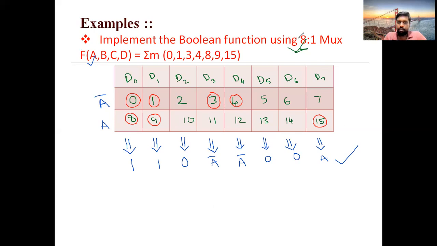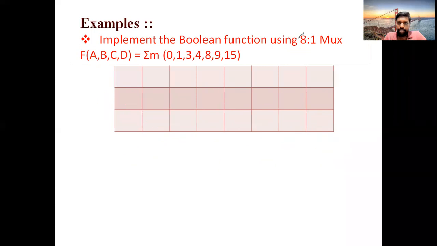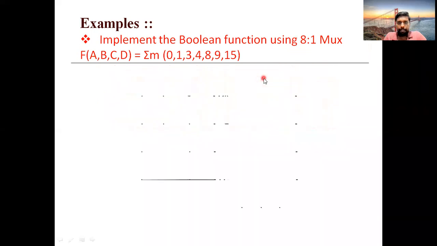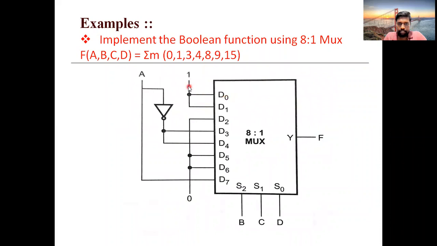Now you can directly frame the diagram. So draw like this. See, 1 1 0 A bar A bar 0 0 A. These are the values.